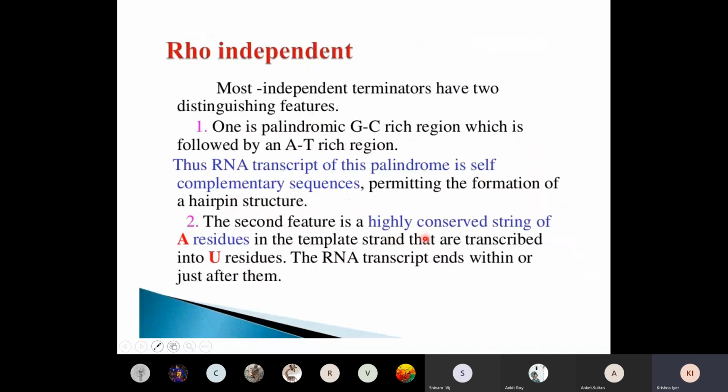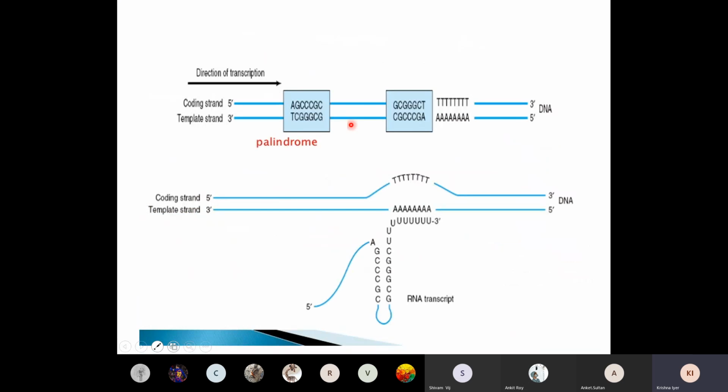The second feature is also a highly conserved string of A's in the template, which are transcribed to U's. So see what happens when the transcription is occurring. Here I have an inverted repeat, and then there is a string of A's in the template strand.